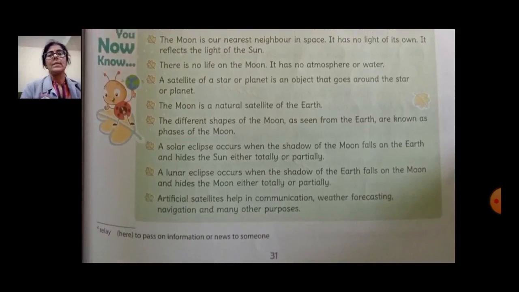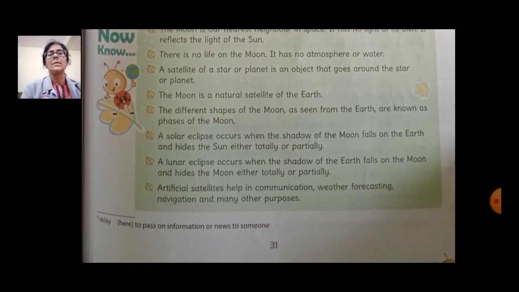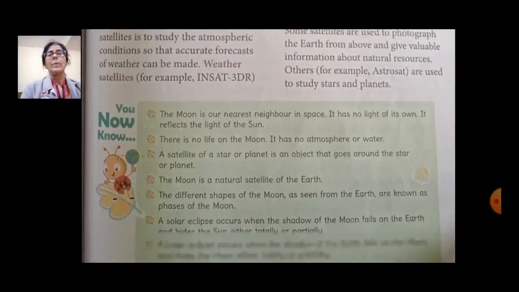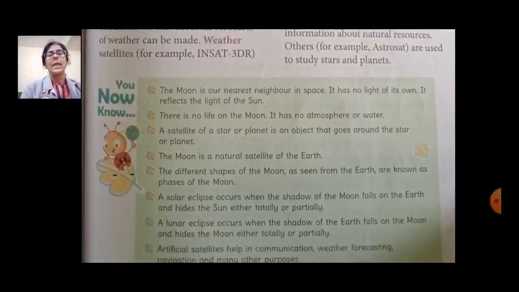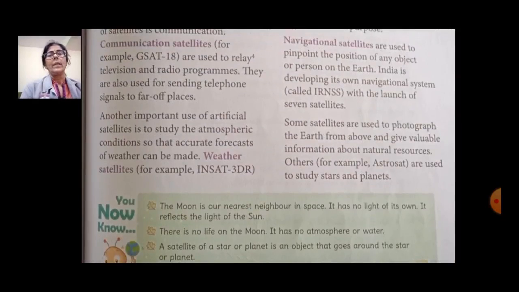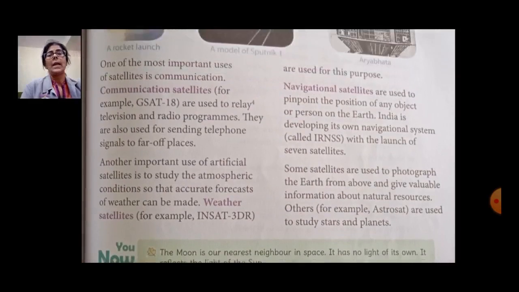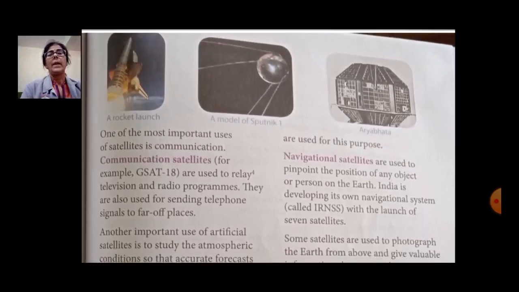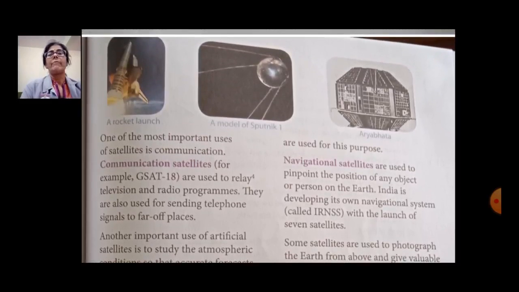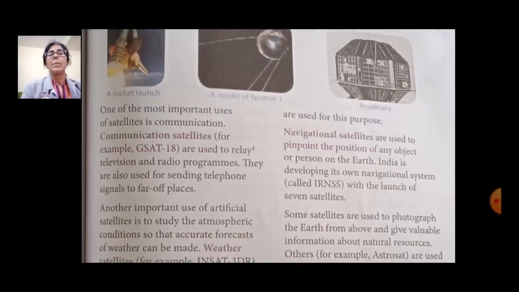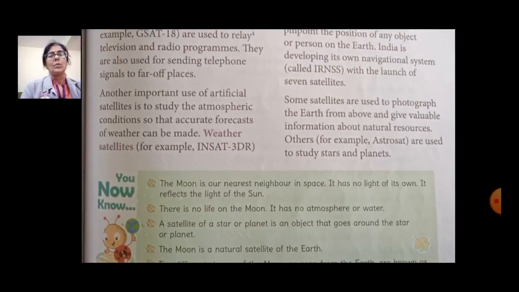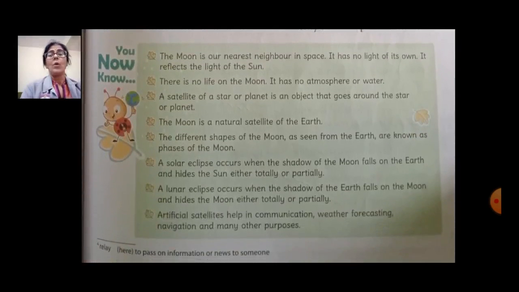Satellites are sent into space through rockets, right? Missiles and satellites. And these artificial satellites help us in many ways. We watch our favorite programs using mobile, TV, computer, laptop, internet, right? And for other purposes also. So I hope you have all understood the chapter properly.